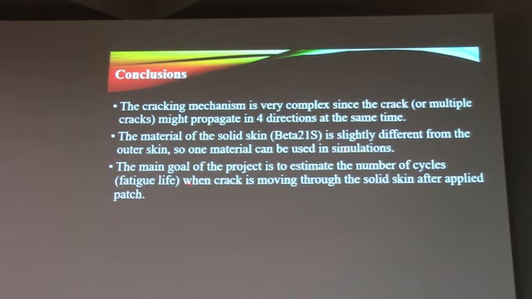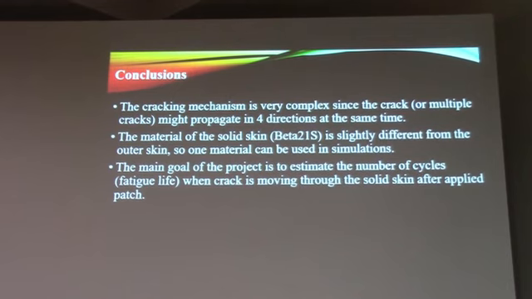But this is what is very important: we can estimate the number of cycles when the crack is moving through the solid skin, even after the applied patch. This is very important because that patch turned out to be the best way to try to stop the crack, and even if it's not successful, we still can estimate the number of cycles, and this is how we can control the phenomenon.